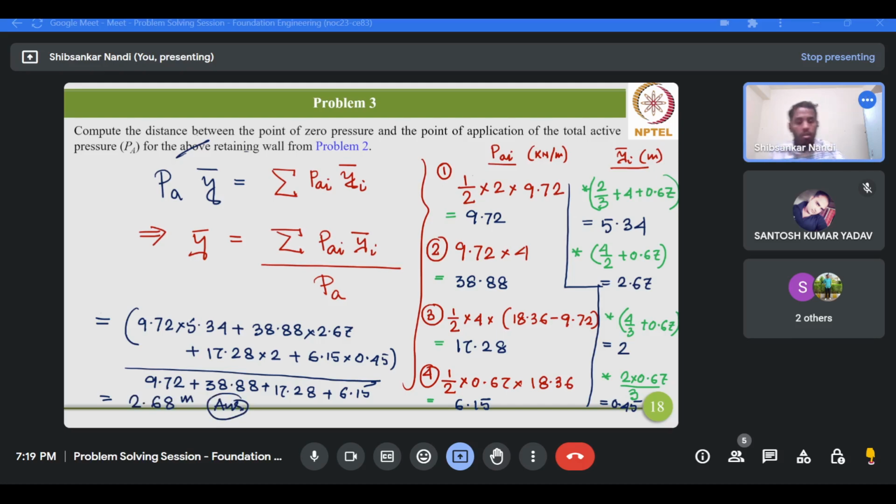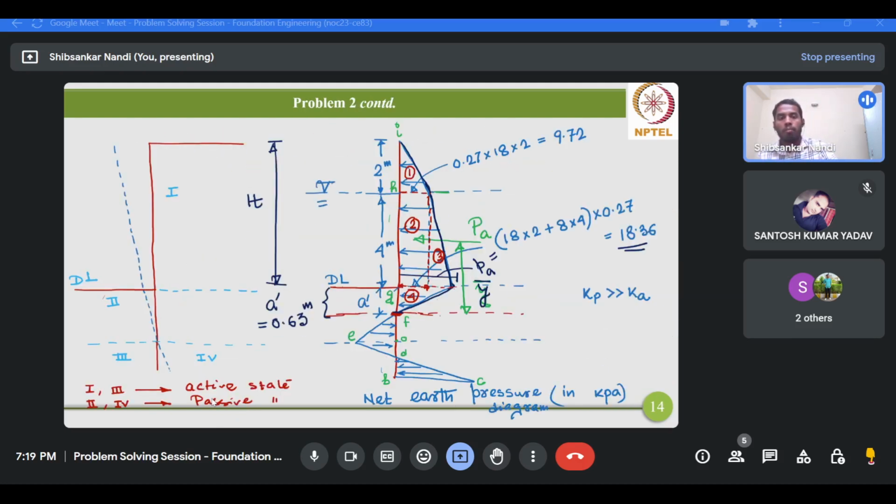Therefore this lever arm value is 2.68 meter.